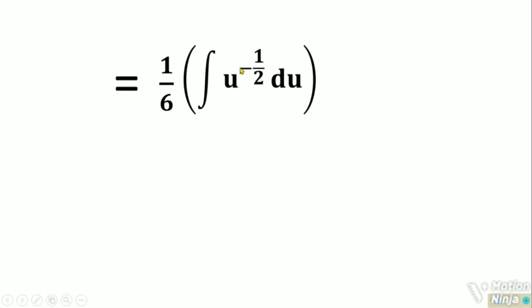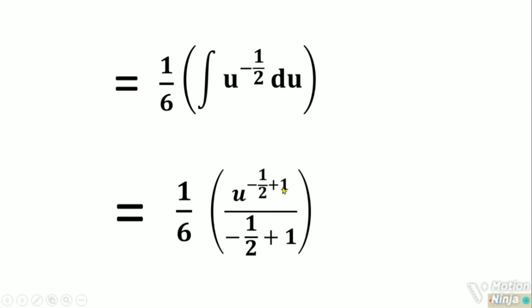So here will be the integral of u^(-1/2) du. Integrating this is simple: we increase the power of u by 1 and divide by the resulting power. So here will be u^(-1/2 + 1), divided by negative 1 over 2 plus 1.